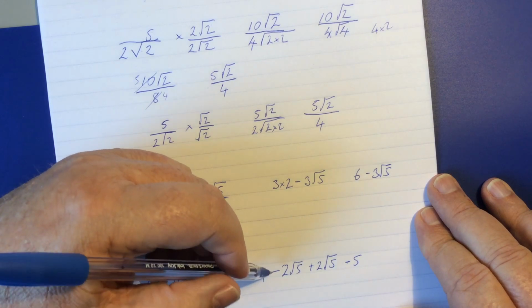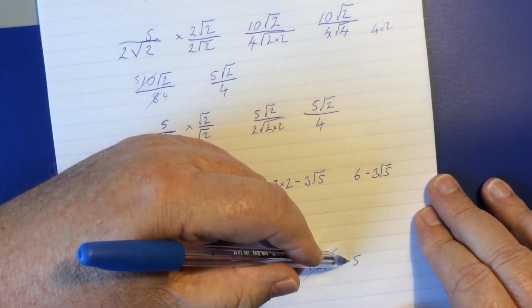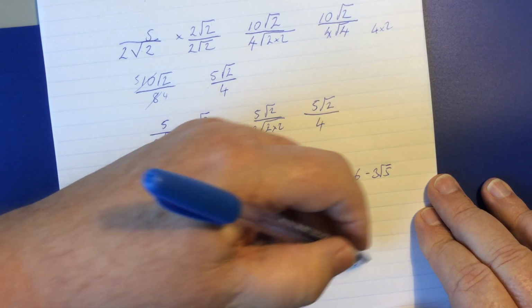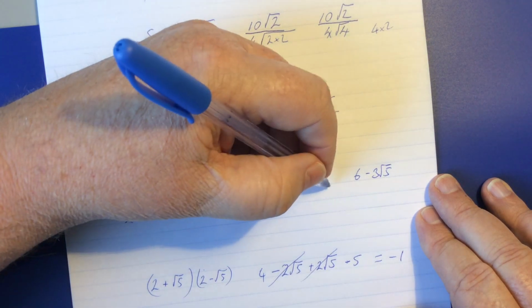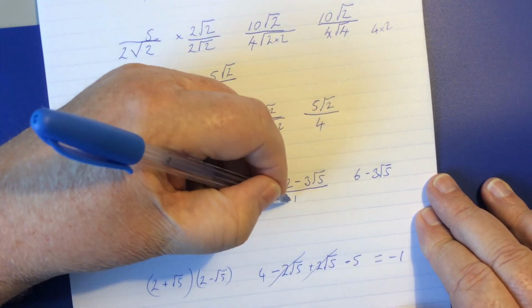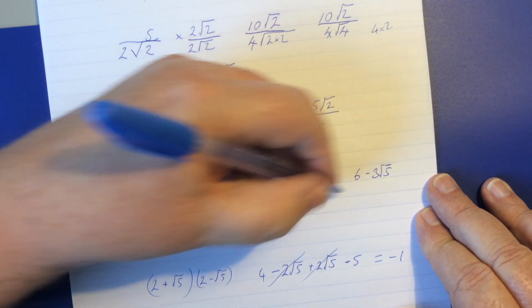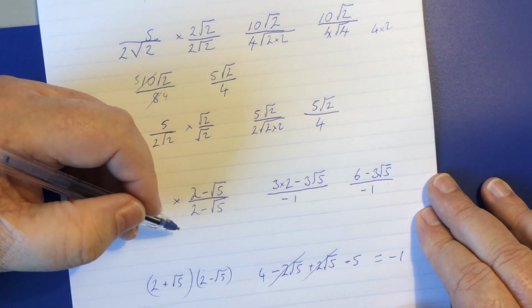So what we wind up with is 4 minus 5, which equals negative 1. And that is our denominator.